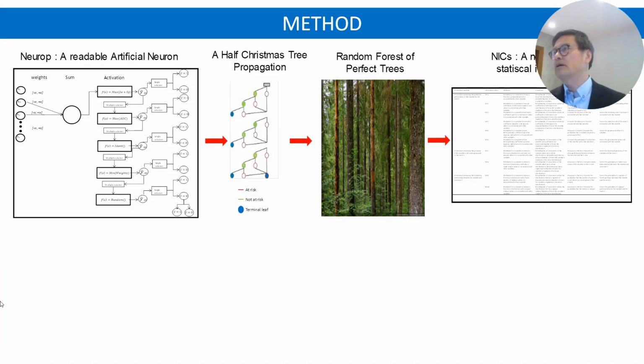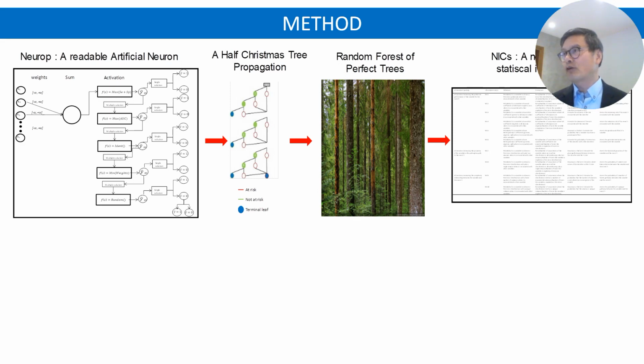I have previously developed a new readable artificial neuron called Neuron. With this new readable artificial neuron, I have developed half chromatrix propagation, and with this new method of propagation, I have developed a new kind of random forest, made only of decision trees without error of classification.